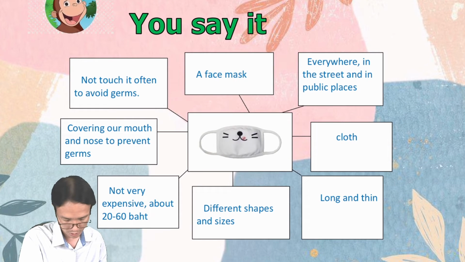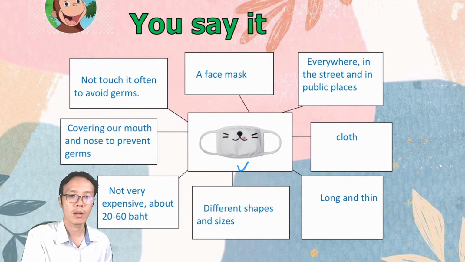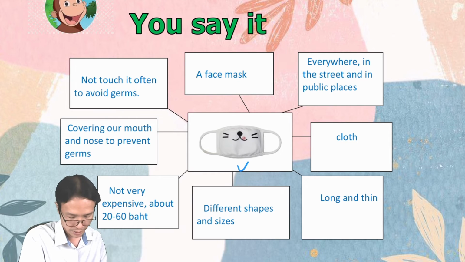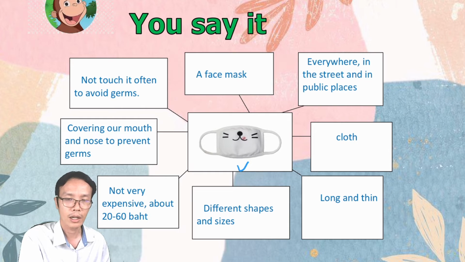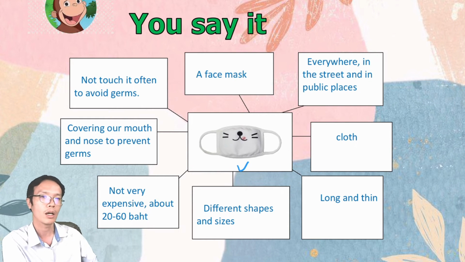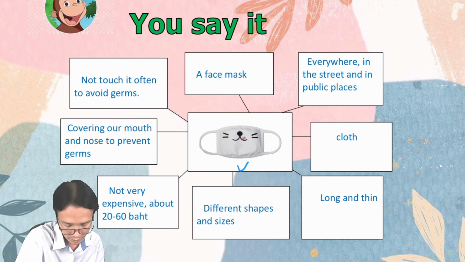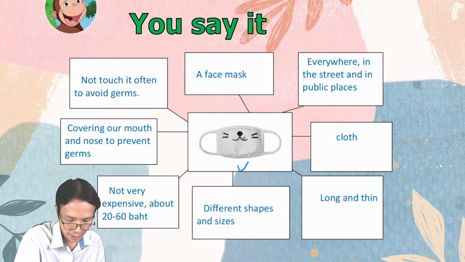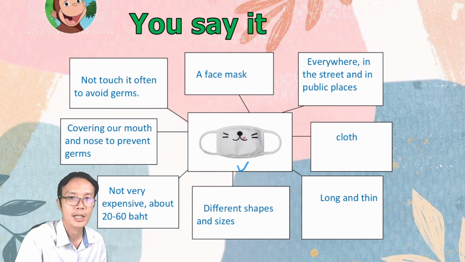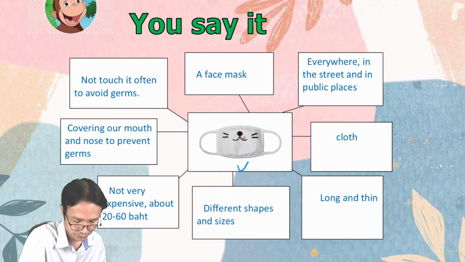Okay, now let's see another example. This thing is very popular today, and I think everybody uses it every day, and you can see it everywhere. So what is it? You just say in a sentence, it's a face mask. It's a face mask.